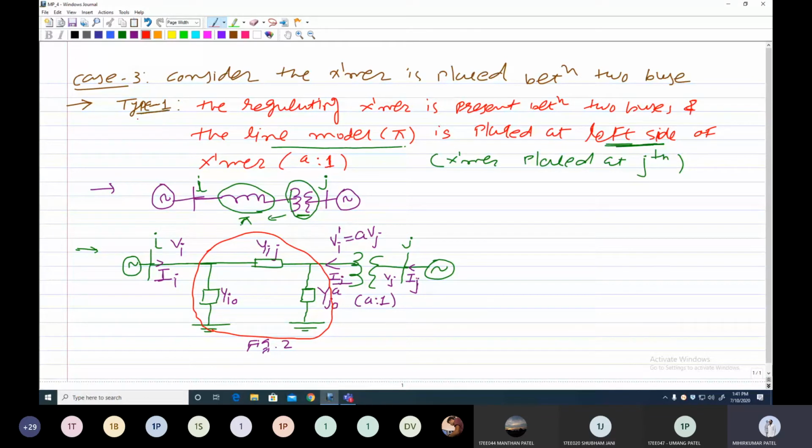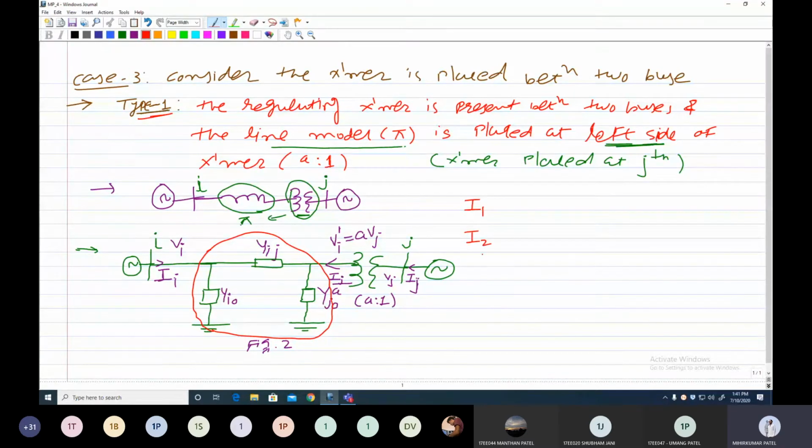So here we are considering type 1, where our transformer is placed at jth bus, and this pi model is located at the left side of the transformer. Clear up to this?